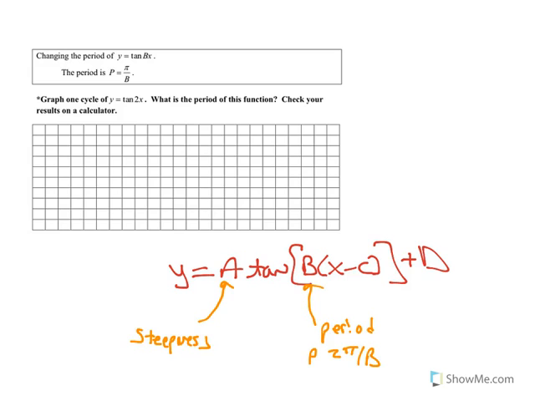The c value is still going to be the horizontal shift, so left or right. And your d value is still going to be the vertical shift.